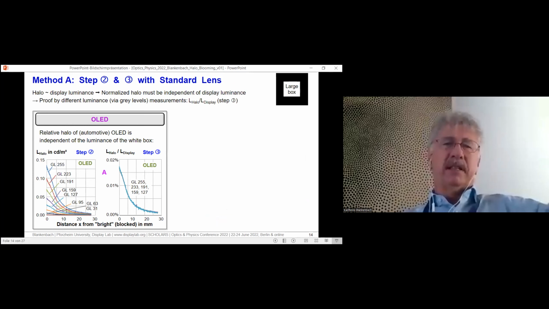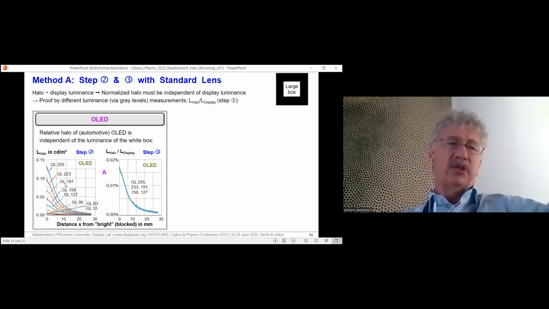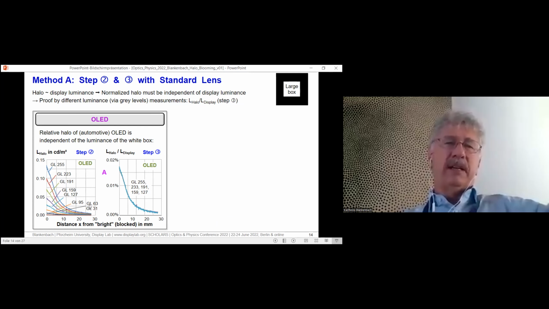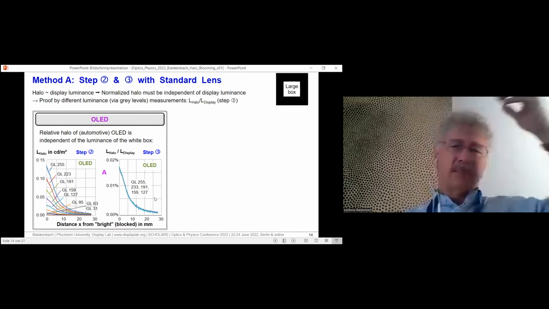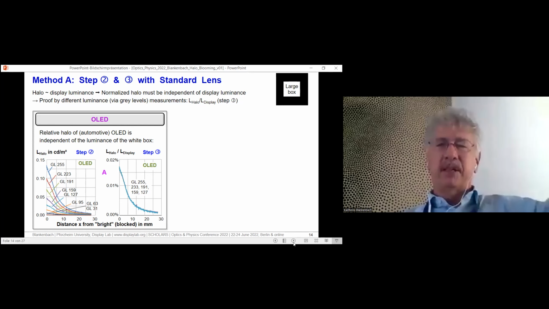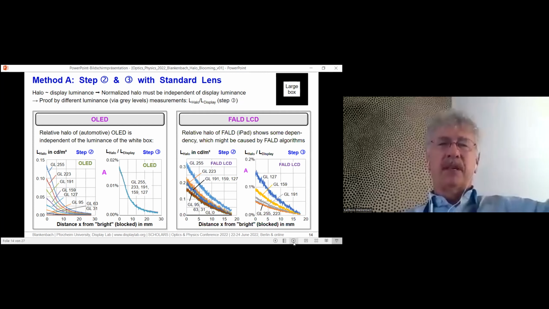The easiest way to adjust this is using different gray levels, which you see on the right. If we then normalize the measured halo luminance profile divided by the luminance of the on pixels, you see that this curve is independent of the gray levels for OLED. So this makes sure that we are really able to measure halo.